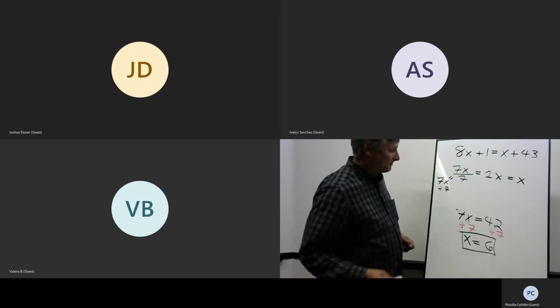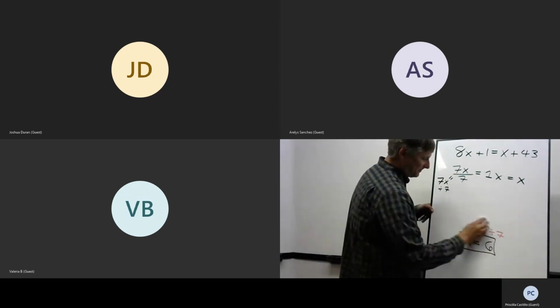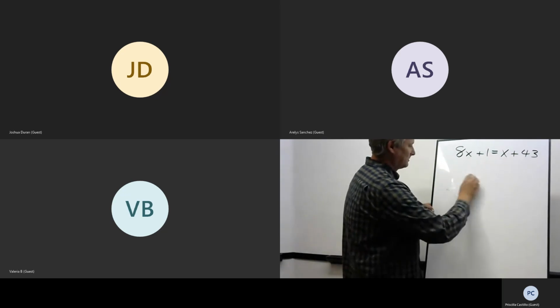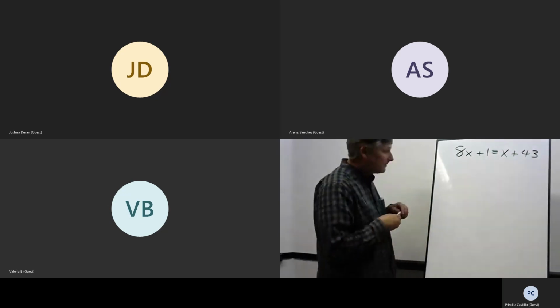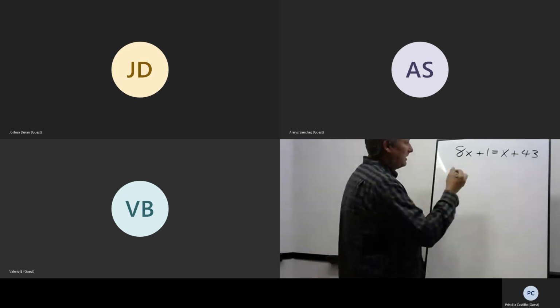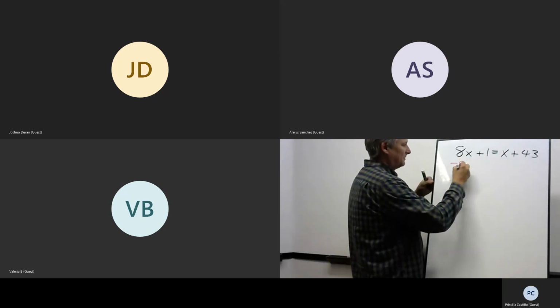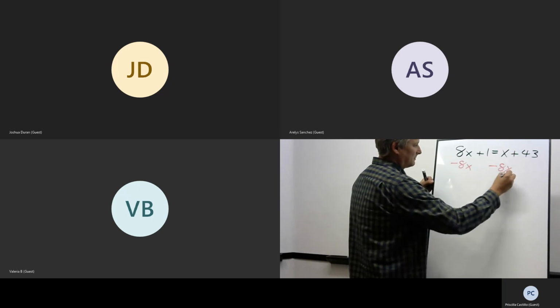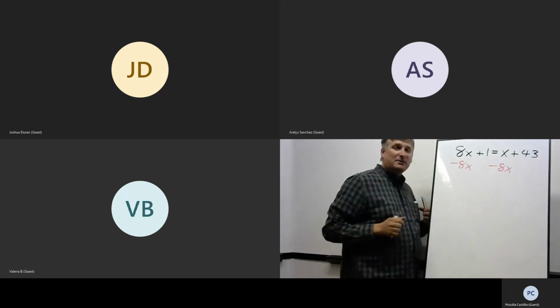There's another way. I could have done this. Eight minus 8 is going to be 0.